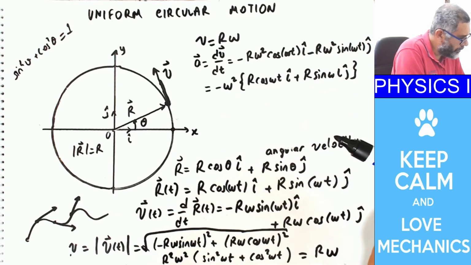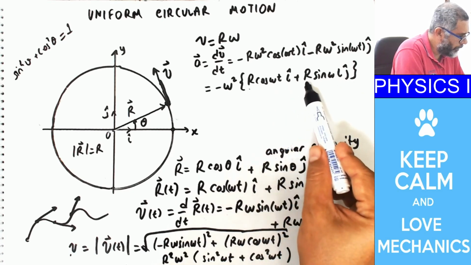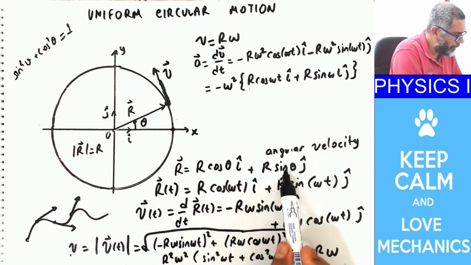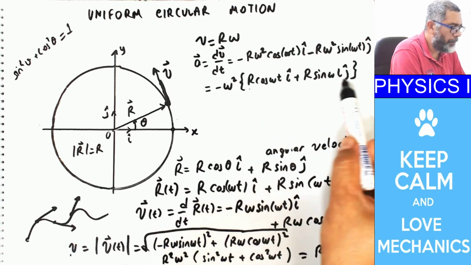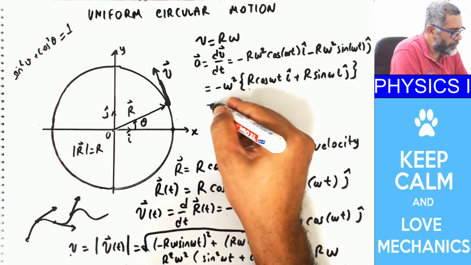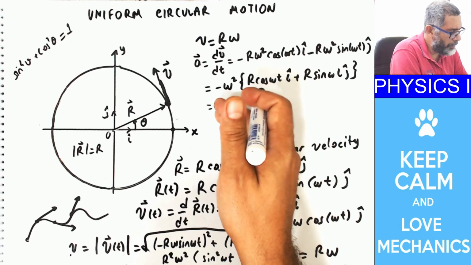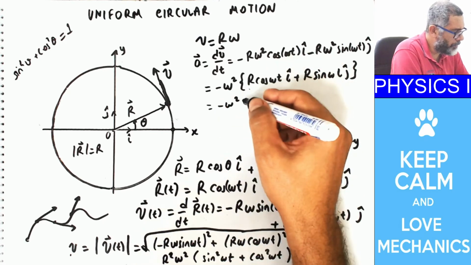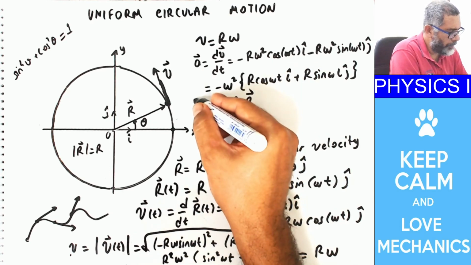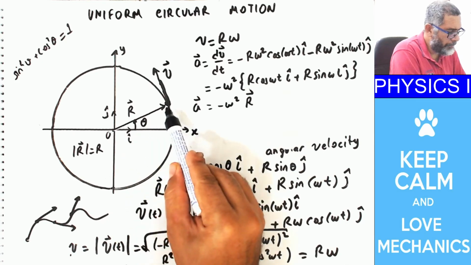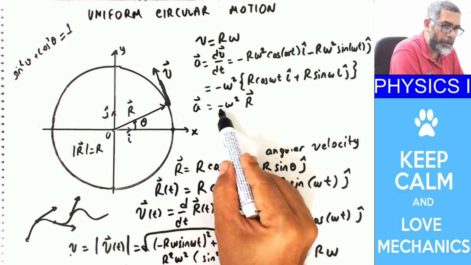When you observe this vector, r cosine omega t i plus r sine omega t j, it is nothing but the position vector itself. So some negative quantity, which is just the minus of the square of the angular velocity, multiplied by the position vector. So the acceleration vector is nothing but some constant multiplied by the position vector, but this is negative.